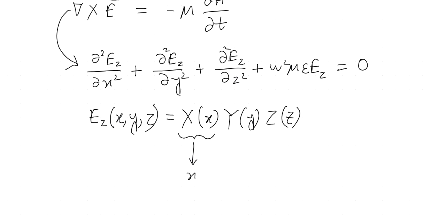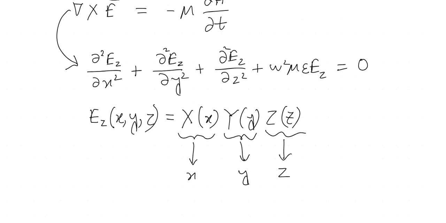And capital Y is a function that is only dependent on the y coordinate. And capital Z is the function that is only dependent on the z coordinate. So we have separated the variables. And this makes the equation easier to solve.